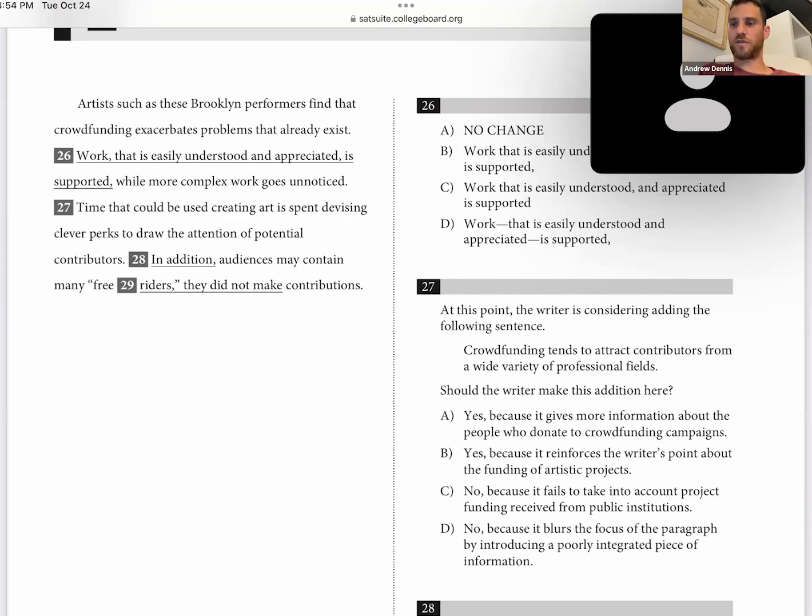Yes, because it gives more information about the people who donate to crowdfunding campaigns. Yes, because it reinforces the writer's point about the funding of artistic projects. No, because it fails to take into account project funding received from public institutions. No, because it blurs the focus of the paragraph by introducing a poorly integrated piece of information. What do you think is the best answer here?